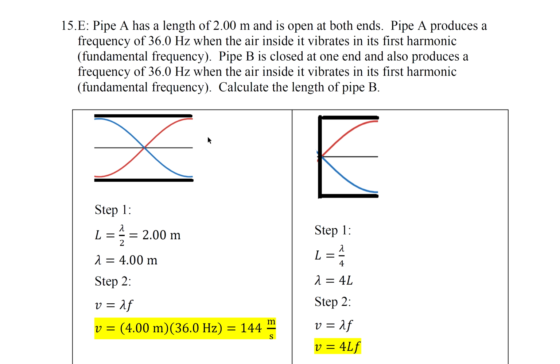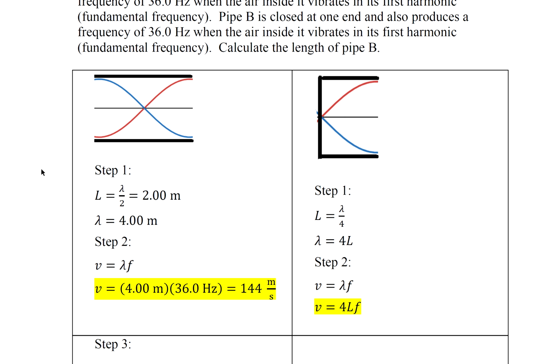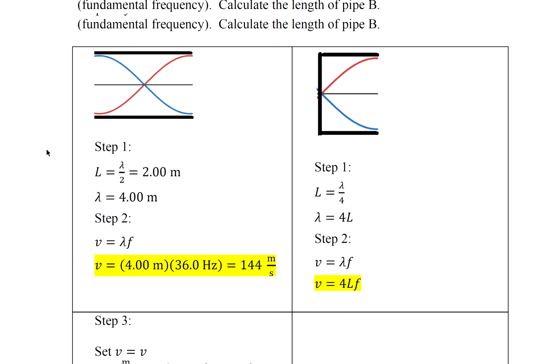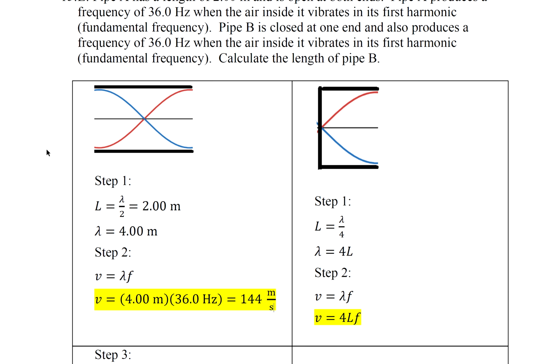So the first one is open at both ends. The second one is closed at one end. So we could see step 1, we solve for lambda. Step 2, we use the equation v equals lambda f. And now look at the image on the top right. Step 1, we solve for lambda.